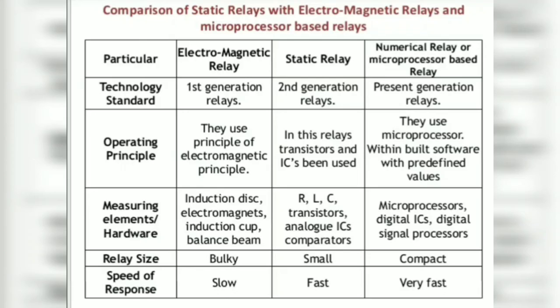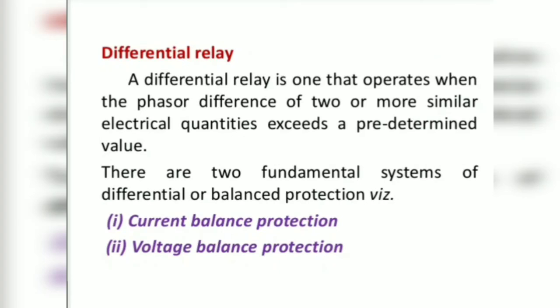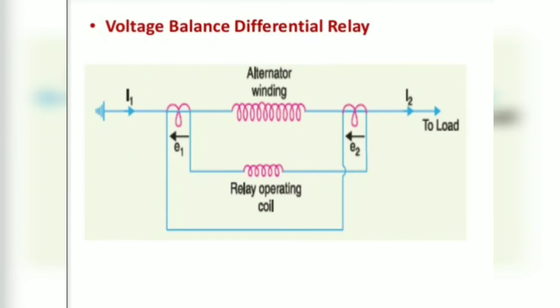By the points of technology standard, operating principle, measuring elements, relay size, speed of response, timing function, time accuracy, reliability, vibration proof, requirement of drawout, current transformer burden, reset time, and auxiliary. We studied the differential relay, the current differential relay and the voltage balance differential relay.